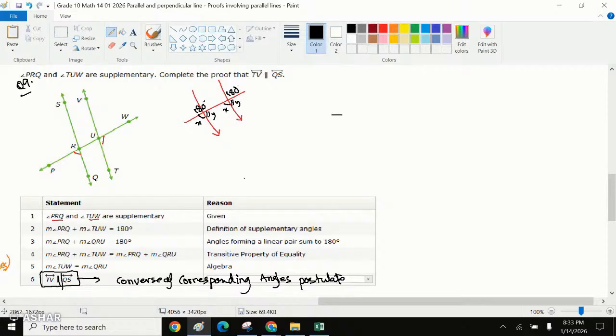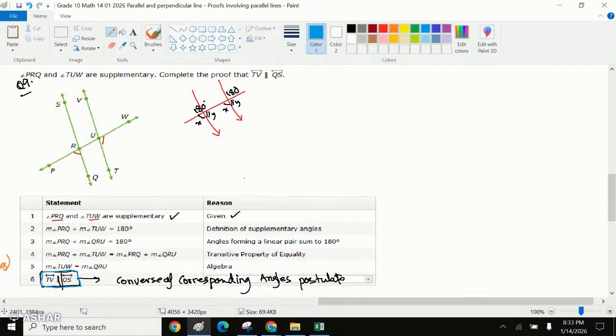They both are supplementary angles to each other. So the next part says PRQ. We just need to remember whenever they're asking how to prove parallel lines, we say converse of corresponding angles postulate. That is the specific reason we can give, right?